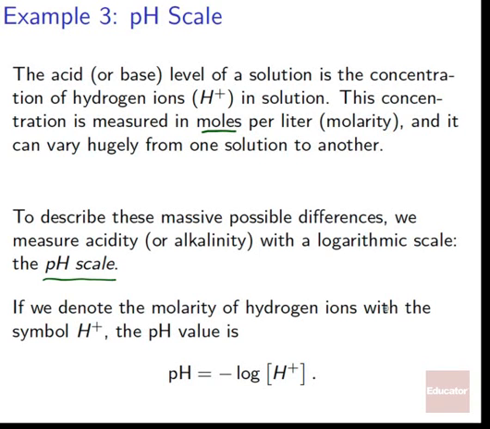If we denote the molarity of hydrogen ions with the symbol H positive, the pH value is pH equals negative the log, common log, so it's a base 10 log, of the molarity of hydrogen ions.